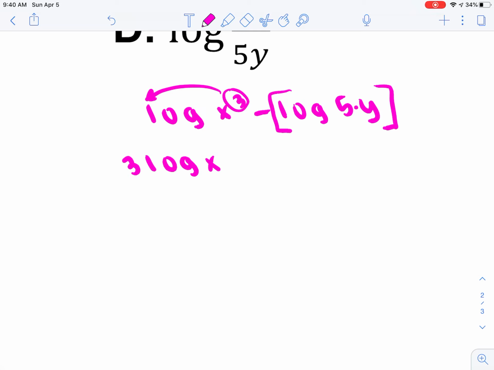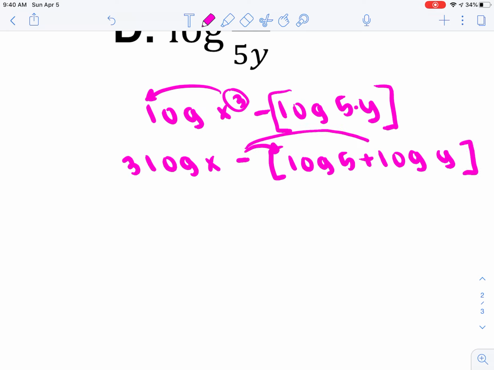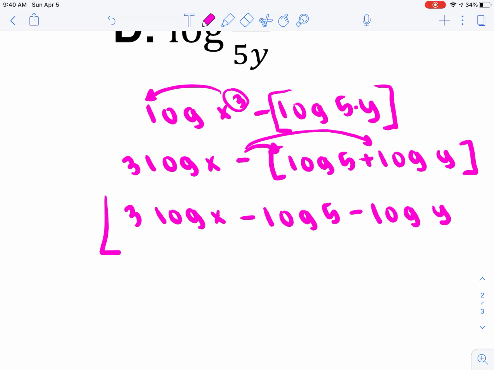If you expand this log, the minus sign has to apply to every log you expand. So if I expand this into log 5 plus log y, I have to distribute this negative to each of the logs. So I would get this answer of minus log 5 minus log y.